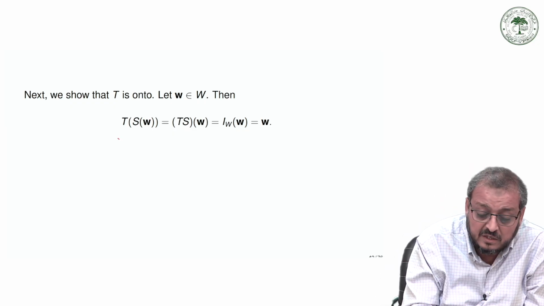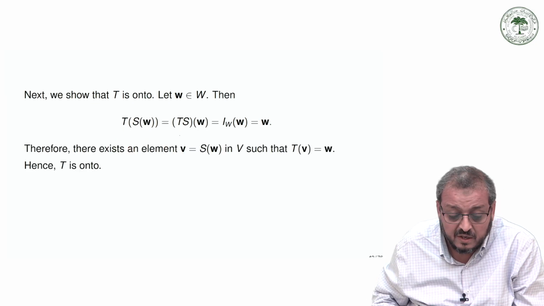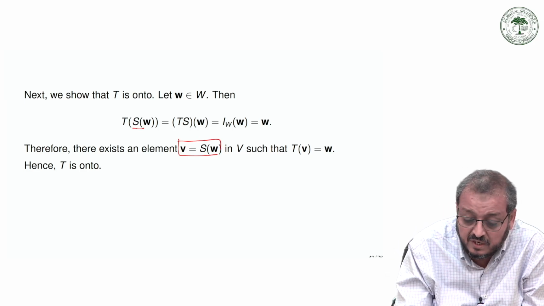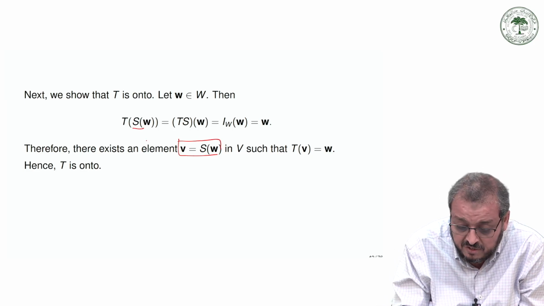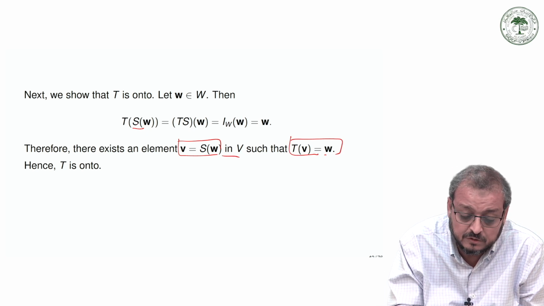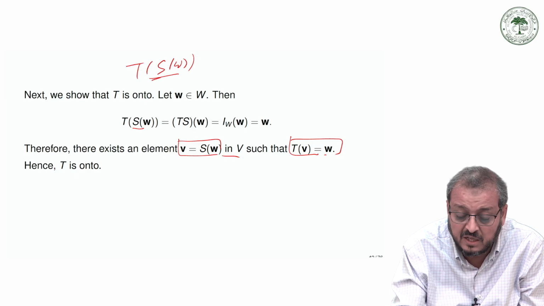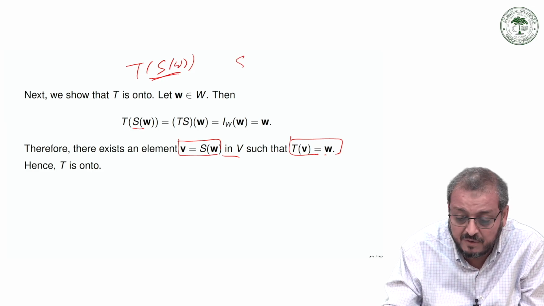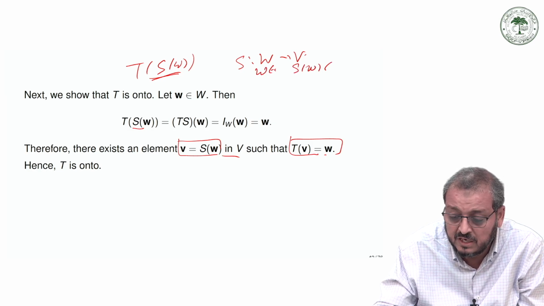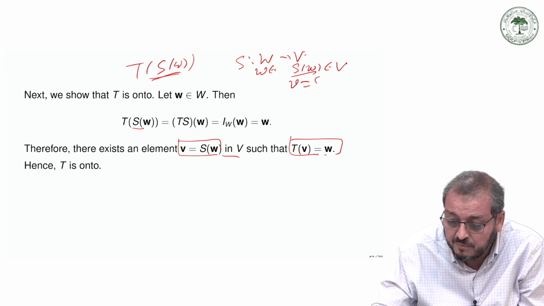So we show that T of S of W is equal to W. So this means there exists an element V equal to S of W. So if we take a W, then V is equal to S of W in V, such that T of V is equal to W, because T of S of W, and this is an element of V because S is a map from W to V. So if W belongs to W, then S of W is an element of V, meaning there exists some element of V.